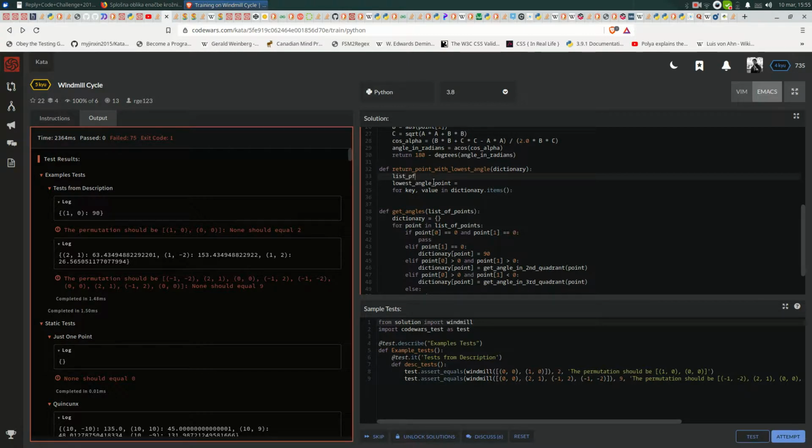List of tuples is items. Let's say just list of tuples. Is it a list of tuples?